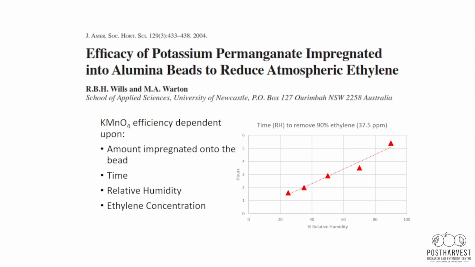On the x-axis, you see the percent of relative humidity, and on the y-axis, the number of hours needed to remove 90% of ethylene from the room. If you have a low, like 25% relative humidity, you need about 1.5 hours versus 5.5 hours or more when you have 85% relative humidity. So the lower the relative humidity, the more efficient potassium permanganate is.